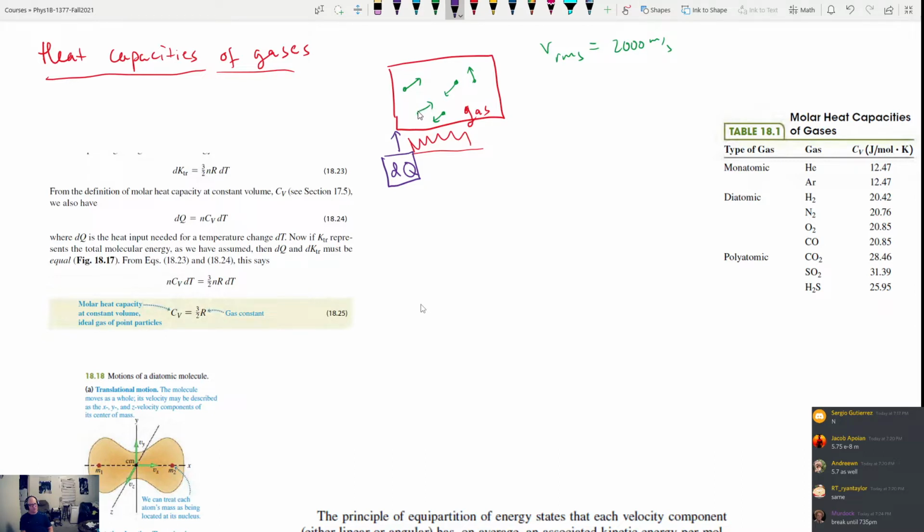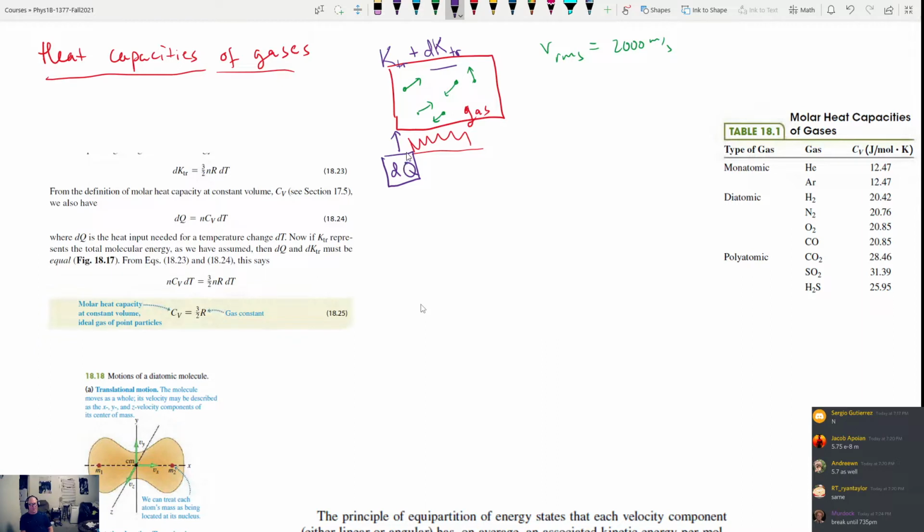But we also know that a temperature increase is associated with an increase in kinetic energy as well, right? So by pumping this energy dq into the gas, you're also going to be adding some amount of translational kinetic energy. Whatever the kinetic energy was before you added it, you're going to get an additional dK translational, TR for translational.